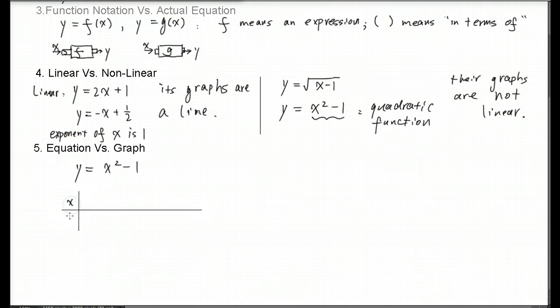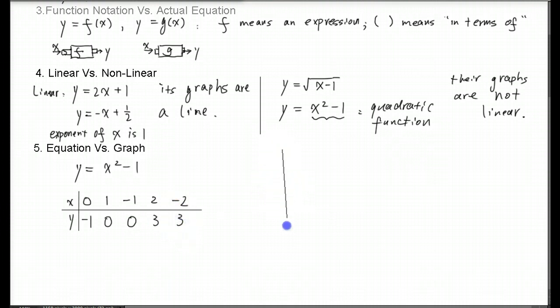When x equals 0, y equals -1. When x equals 1, y equals 0. When x equals -1, y equals 0 as well. You can give more values: when x equals 2, y equals 2 squared minus 1, which is 3. When x equals -2, you also get 3.